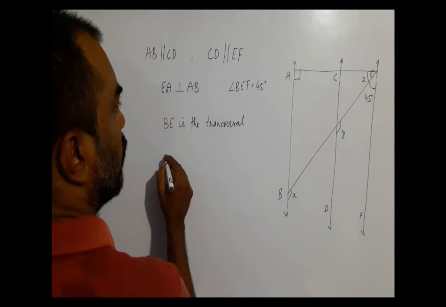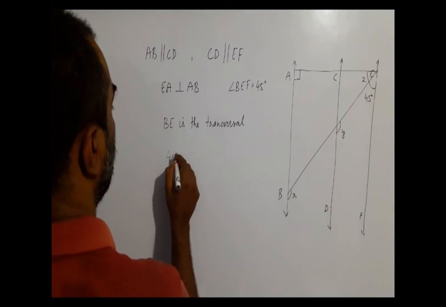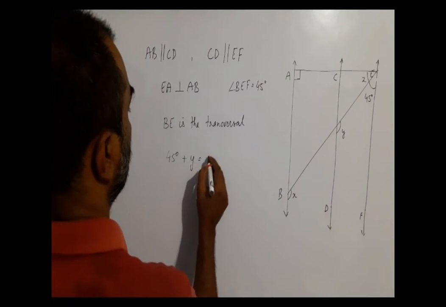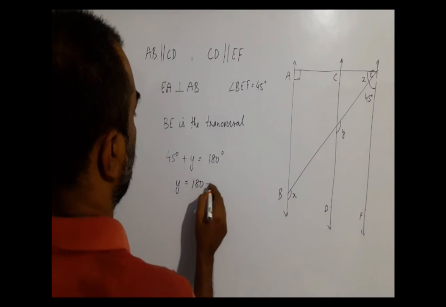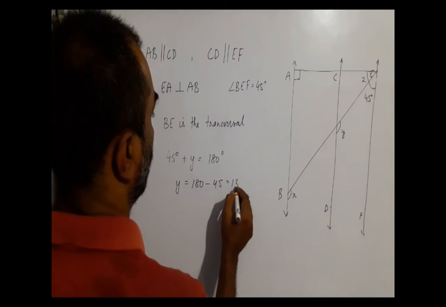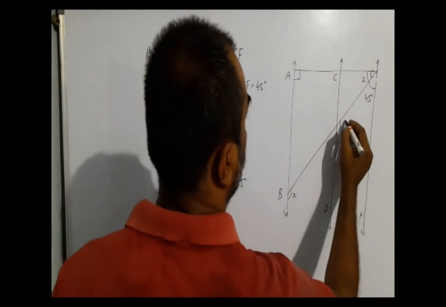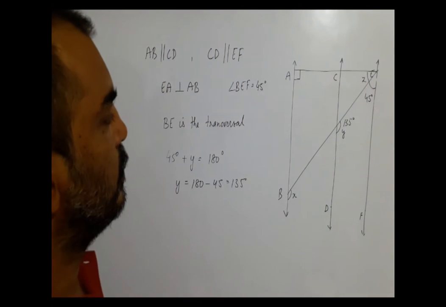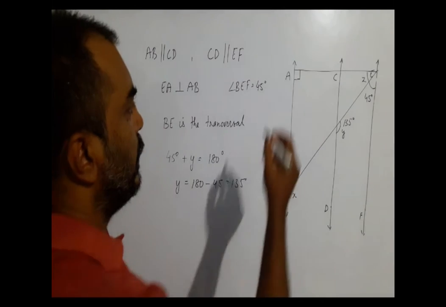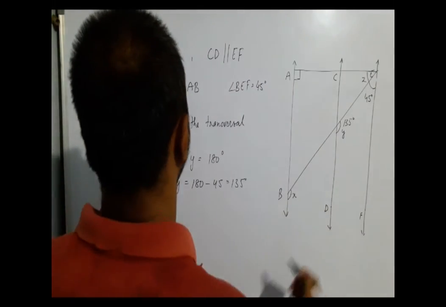So 45 degree plus Y should give us 180 degree. So Y equal to 180 minus 45 or 135 degree. So we get Y equal to 135 degree. Right? Now AB is given parallel to CD.